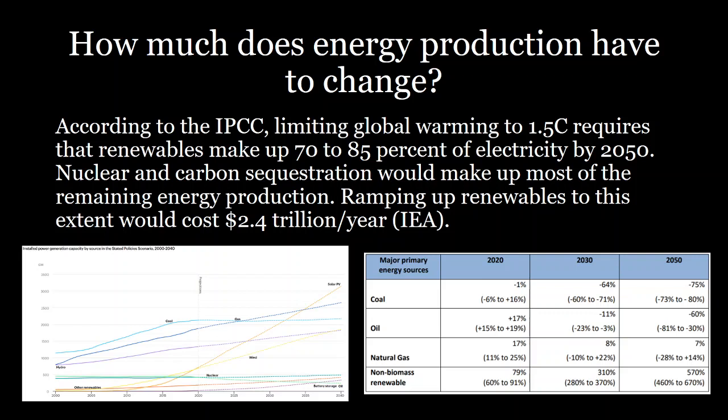So the fact that this would be a significantly smaller price tag for the entire world if we actually start ramping up renewable energy supplies.